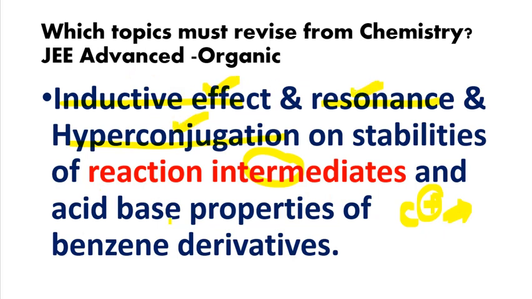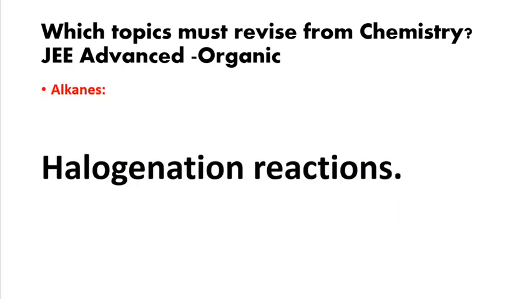Okay, now the acid-base properties of benzene derivatives, like you can see phenol and here benzoic acid, the substituted phenols and benzoic acids and their acid-base properties. So questions are frequently asked on acid-base properties of phenol, substituted phenols and substituted benzoic acids. Okay, so just look back once again at those concepts.